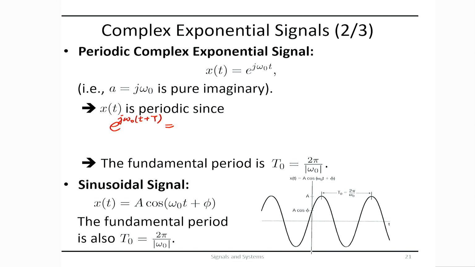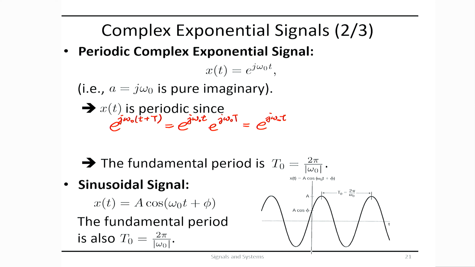Indeed, if you split this up, you can write this as e to the j omega naught t times e to the j omega naught capital T.